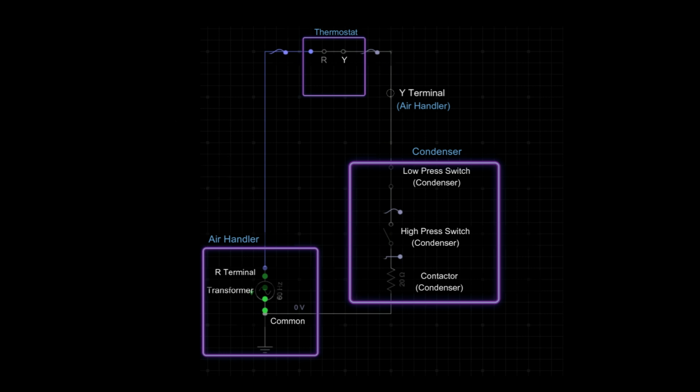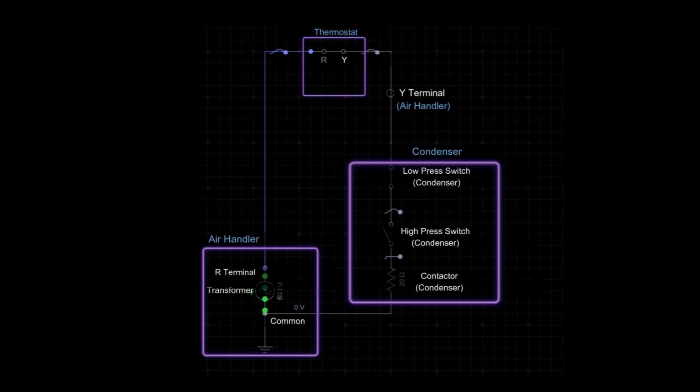Now, when you're testing terminals on a thermostat, just as a side note here, if you don't have a common wire hooked up to the C terminal, you can't use the C terminal to try to get a reading off a Y with your multimeter. So what you can do is go from R to Y, in which case if you have a closed switch, which is what you want to see in cooling mode, you should read 0 volts.